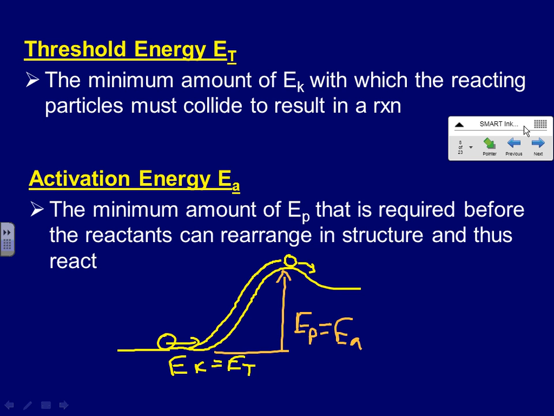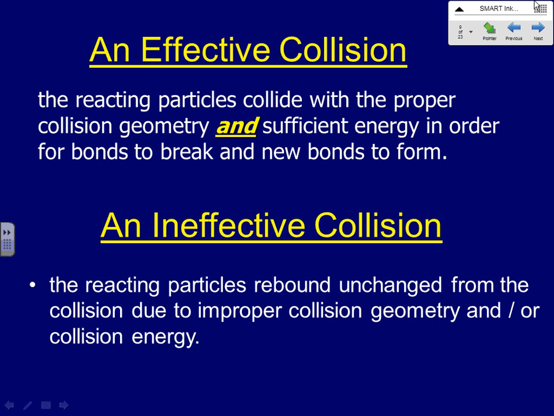And you can think of the ball rolling over the hill as being a successful chemical reaction, all right? So that's in terms of energy. So now we've got proper orientation and proper energy. Those are the two things we need. So then, let's define an effective collision.